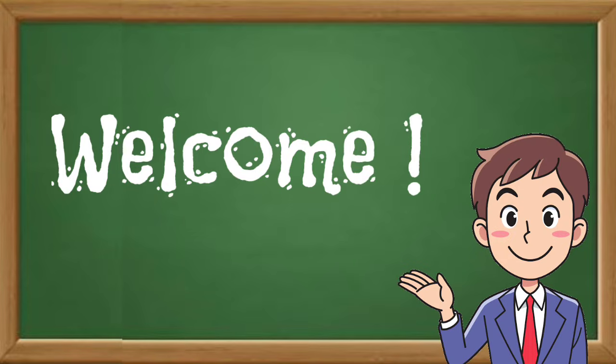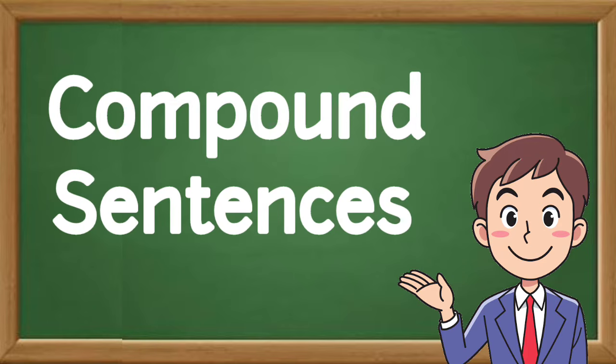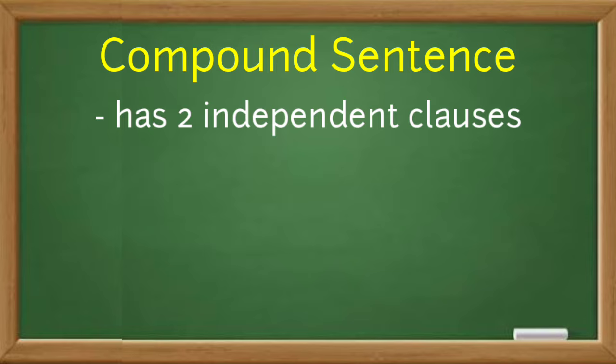In this video, we will be learning about compound sentences. Let us start this off by knowing the definition of compound sentence. A compound sentence is a type of sentence that has two independent clauses. What is an independent clause?